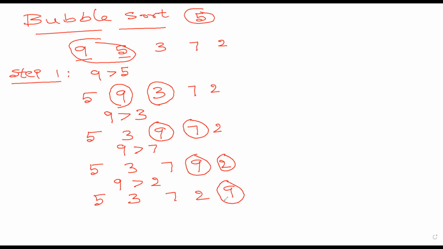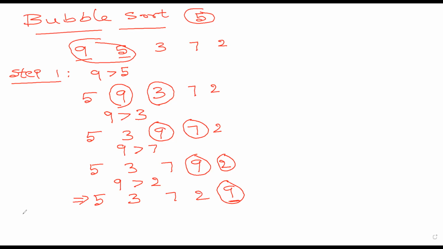That is the last position. That is the output of step 1. Once 9, the maximum element, has reached its required position, there is no need to consider that element for further steps.